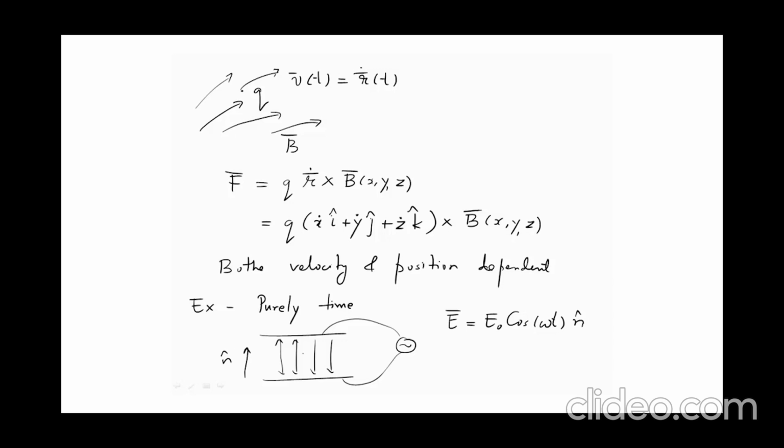If a charged particle is present in the region between the plates, a force F gets exerted on it, given by q E0 cos(omega t) n cap. You can clearly see that this force is exclusively dependent on time t and has no dependency on position and velocity.